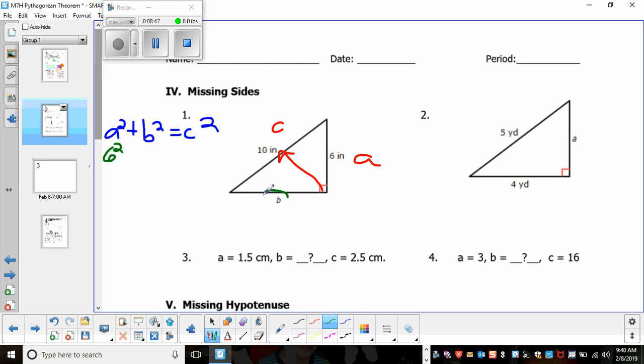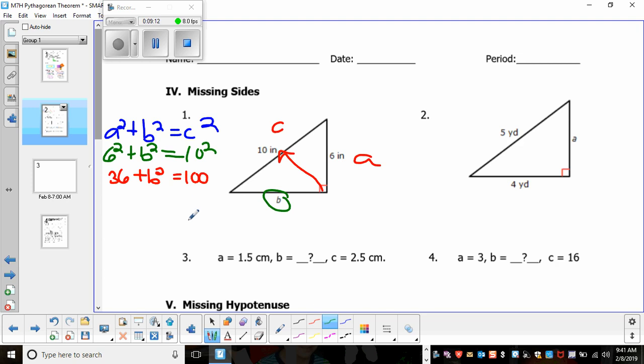I do know that I'm trying to find B, so that's going to remain a variable. And I do know that I have C, the hypotenuse, which is 10 squared. I'm going to further simplify this by finding 6 squared, which is 36, and finding 10 squared, which is 100, and I still want to find b squared.